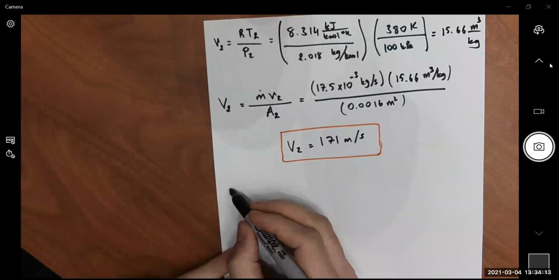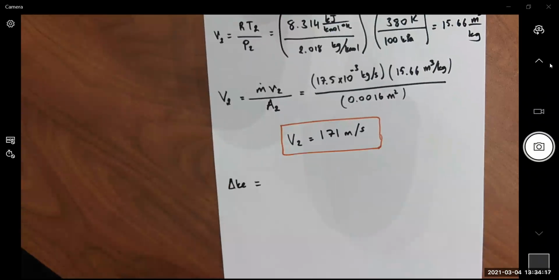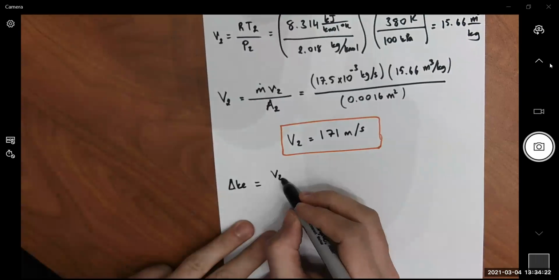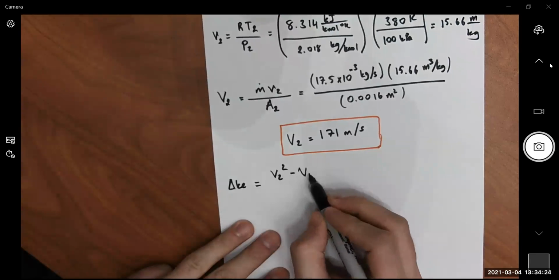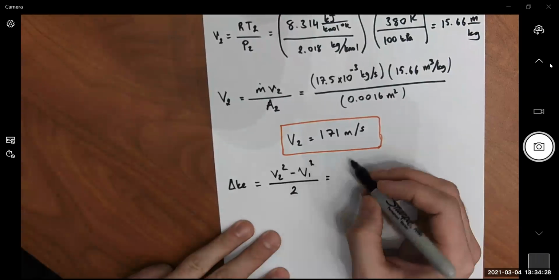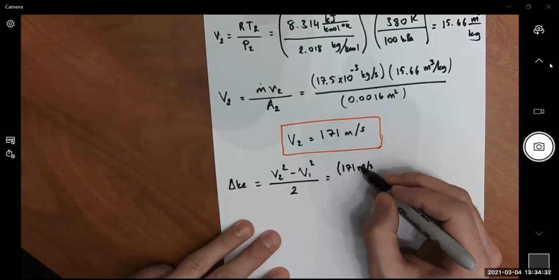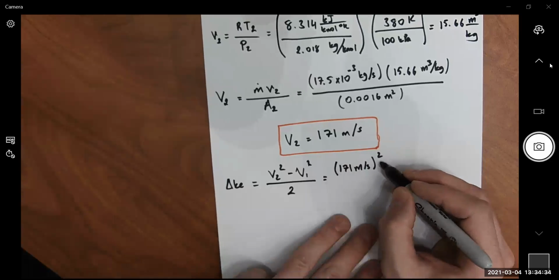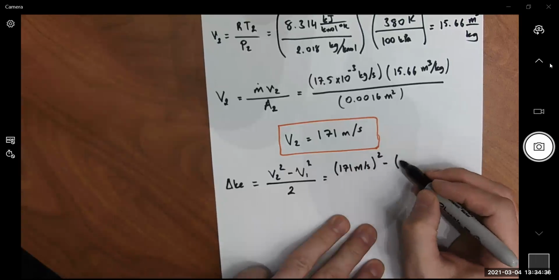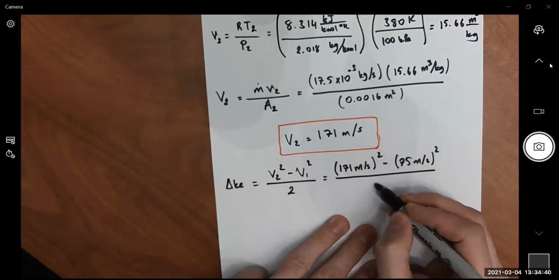Now I can find my kinetic energy difference between inlet and outlet. Kinetic energy difference will be V2 squared minus V1 squared, divided by 2. V2 is 171 meters per second squared minus 75 meters per second squared, divided by 2.